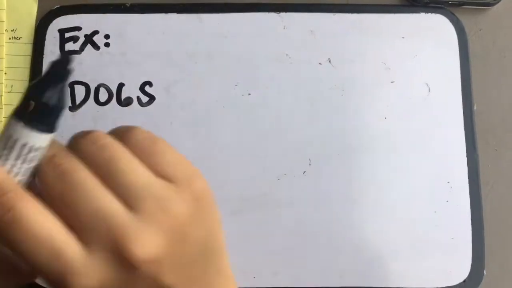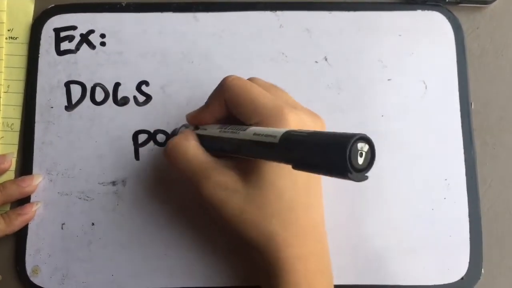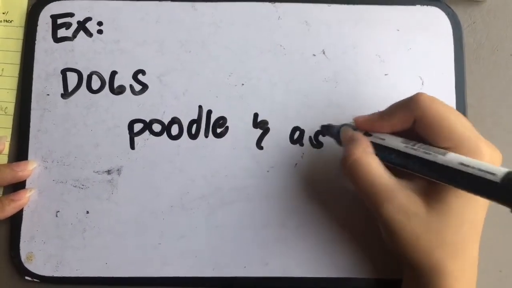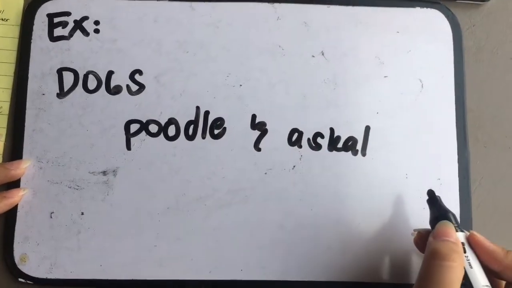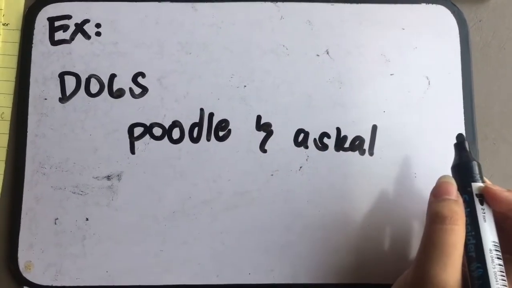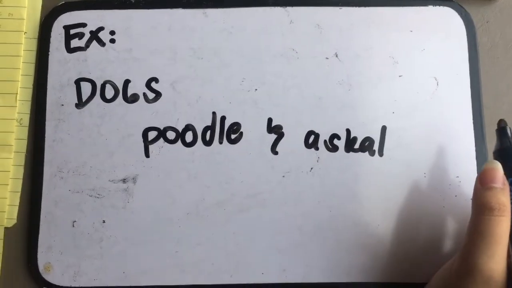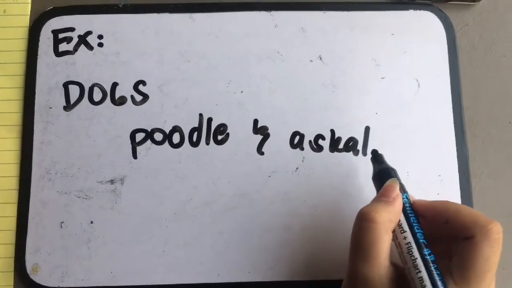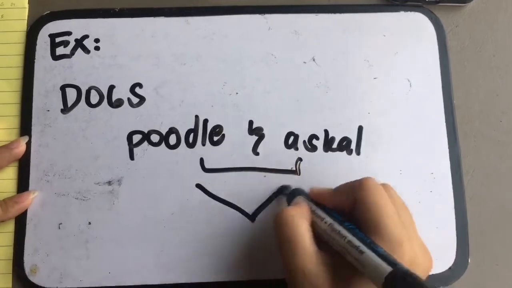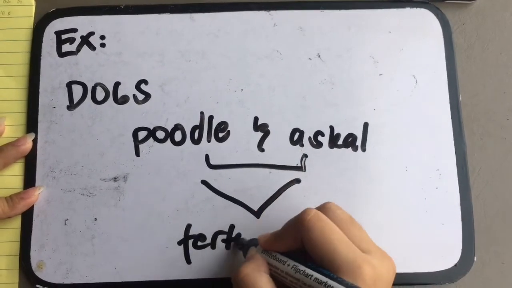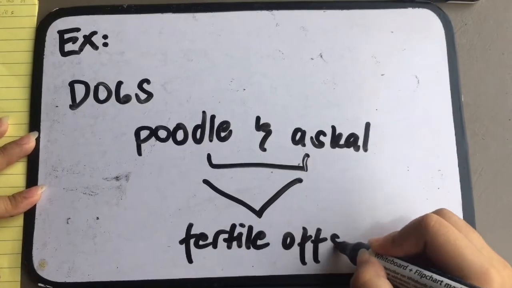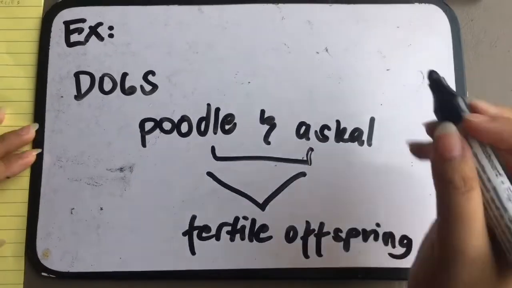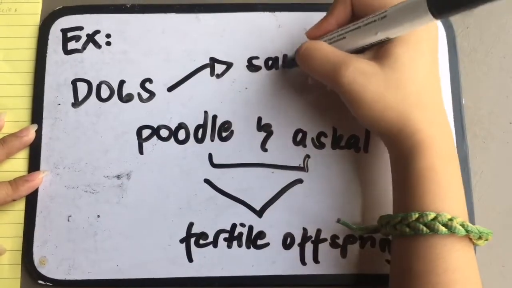For example, a poodle and an Askal both have different appearances and different behavior. But even though they are different, they may interbreed and produce fertile offspring, which is why dogs can be classified as the same species.